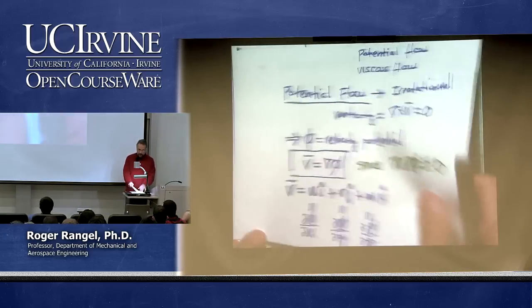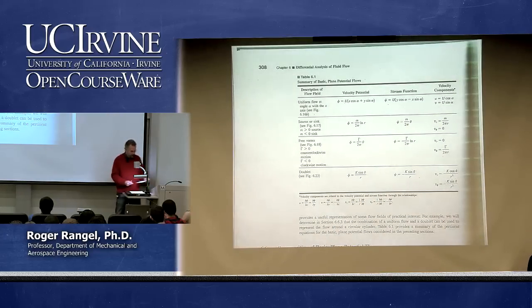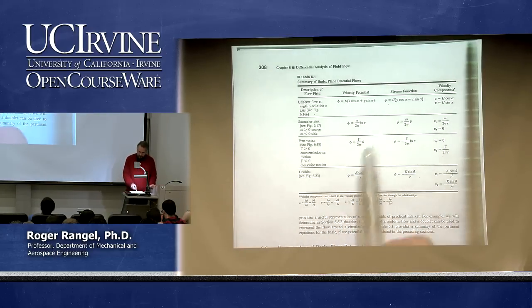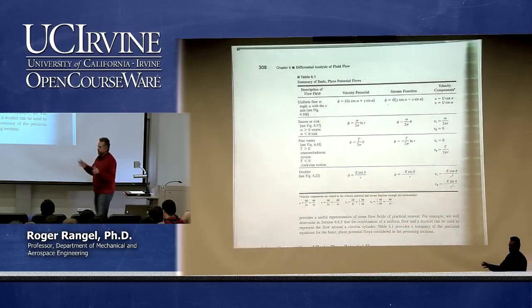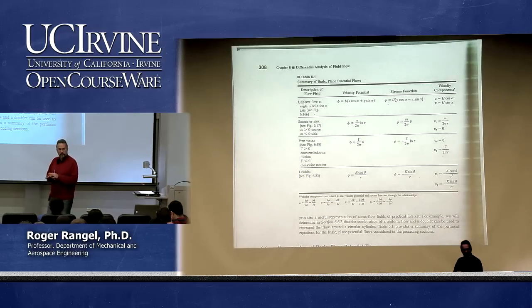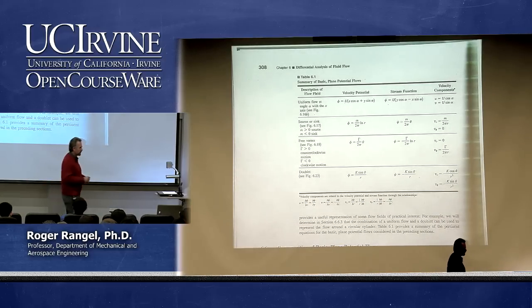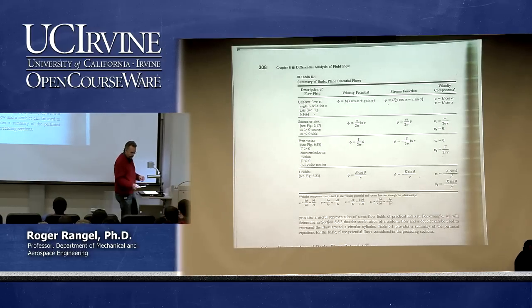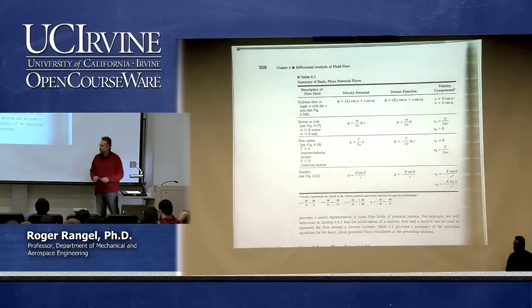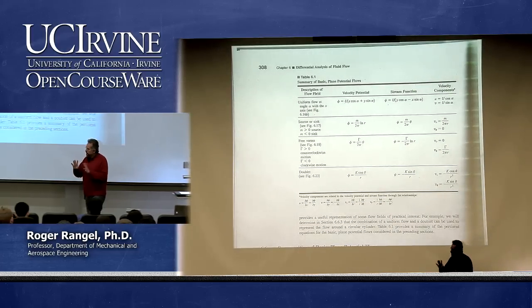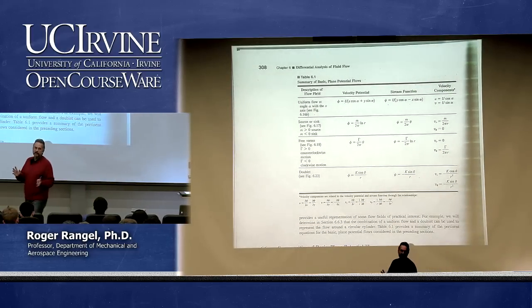But if I want to make use of both tools, the velocity potential function and the stream function, then of course I need the requirements for the stream function. Let's just focus on constant density flows.